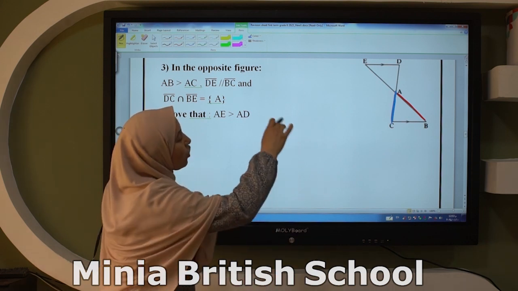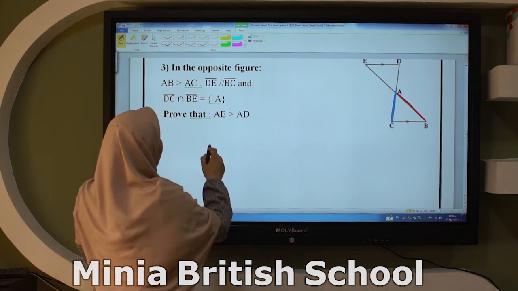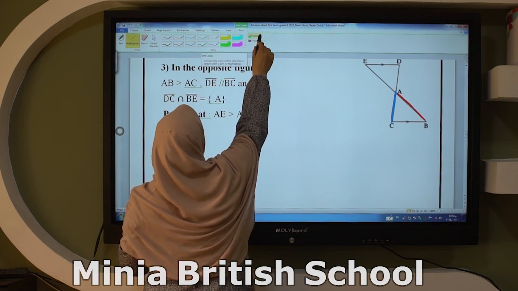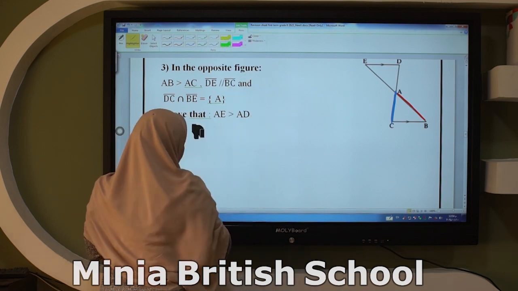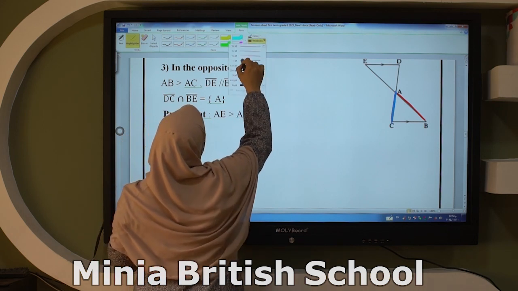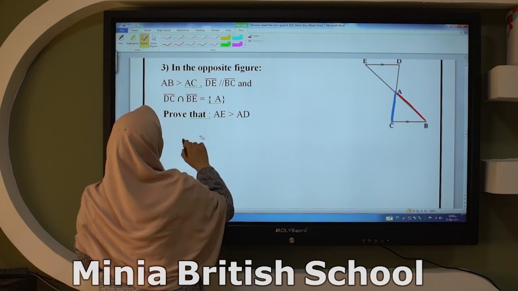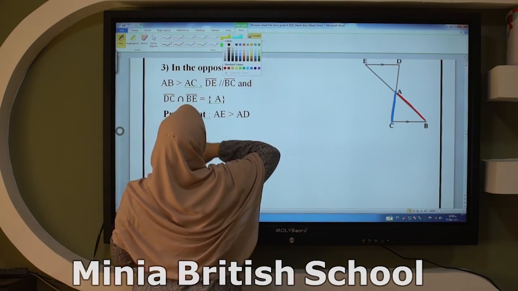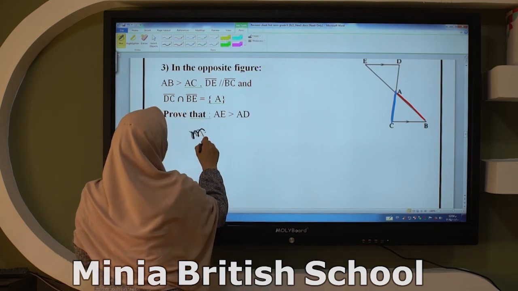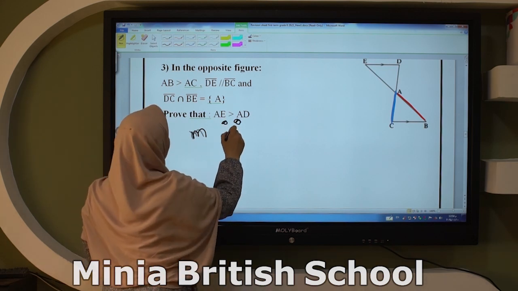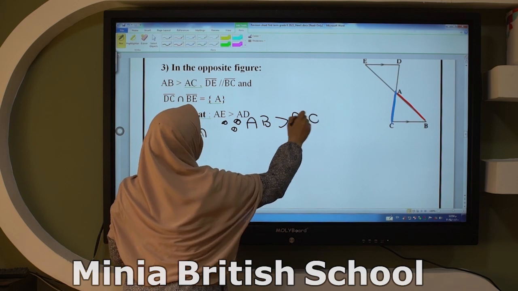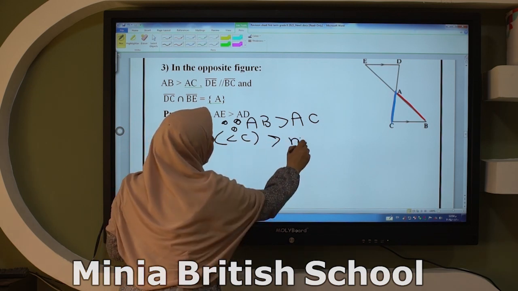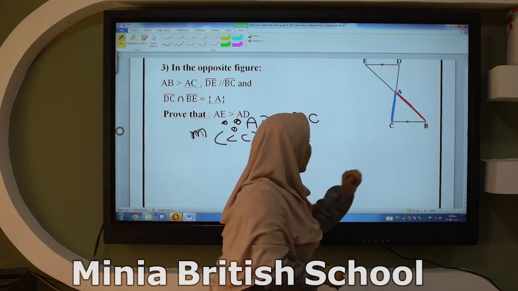The angle opposite to AB is angle C. Since AB is greater than AC, then the measure of angle C is greater than the measure of angle B, because AC is opposite to angle B.